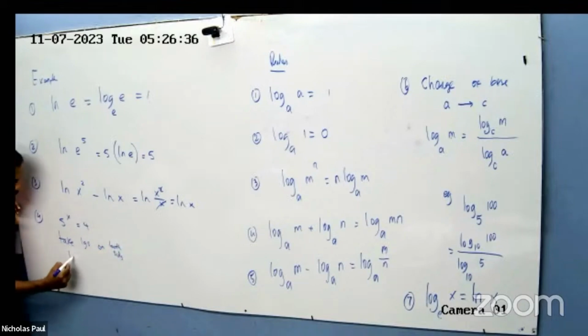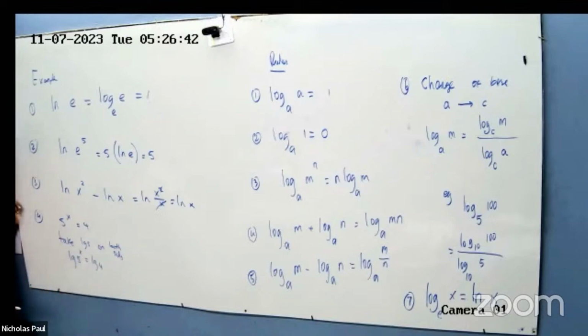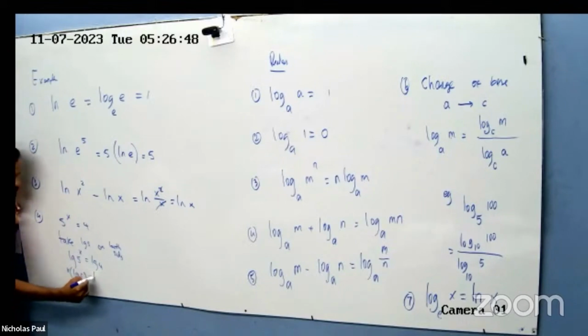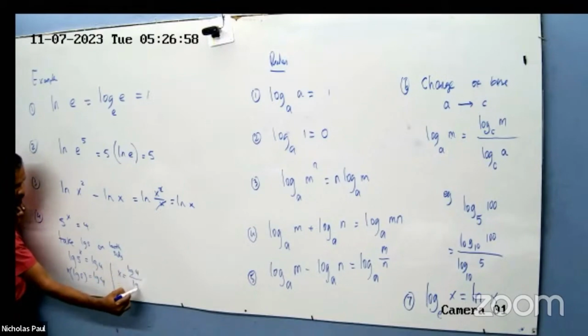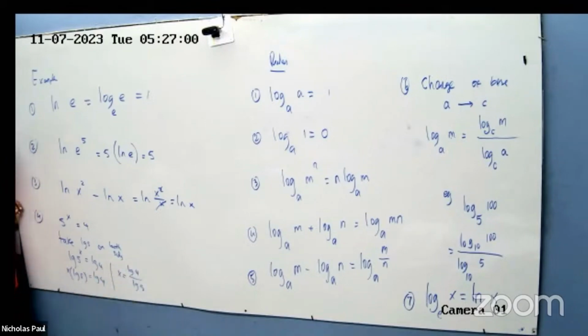So you're going to get log 5 to the power of x is equal to log 4. You can take the x and bring the x down here. And then make x the subject. So x is equal to log 4 over log 5.